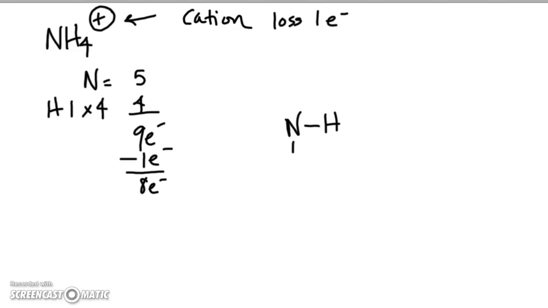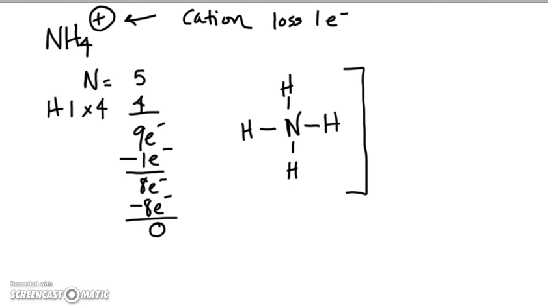Each dash represents a shared pair, and I use all 8 electrons in shared pairs, and there are no electrons left over. Because this is an ion, you have to put it in brackets and show the plus charge. This is to represent that there is 1 less electron somewhere within that structure. I hope this helps, and I hope you guys have a good day.